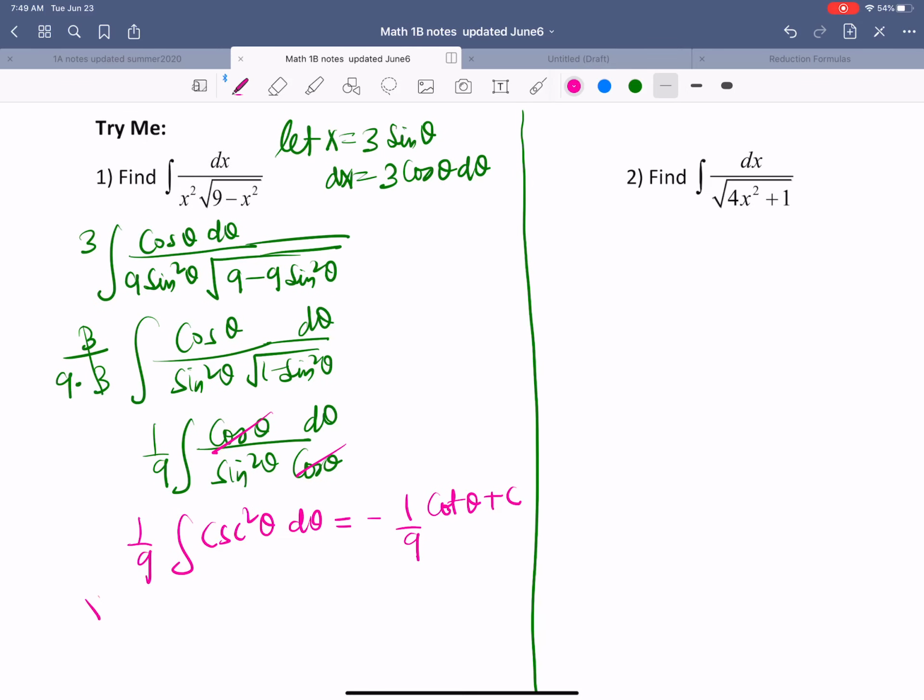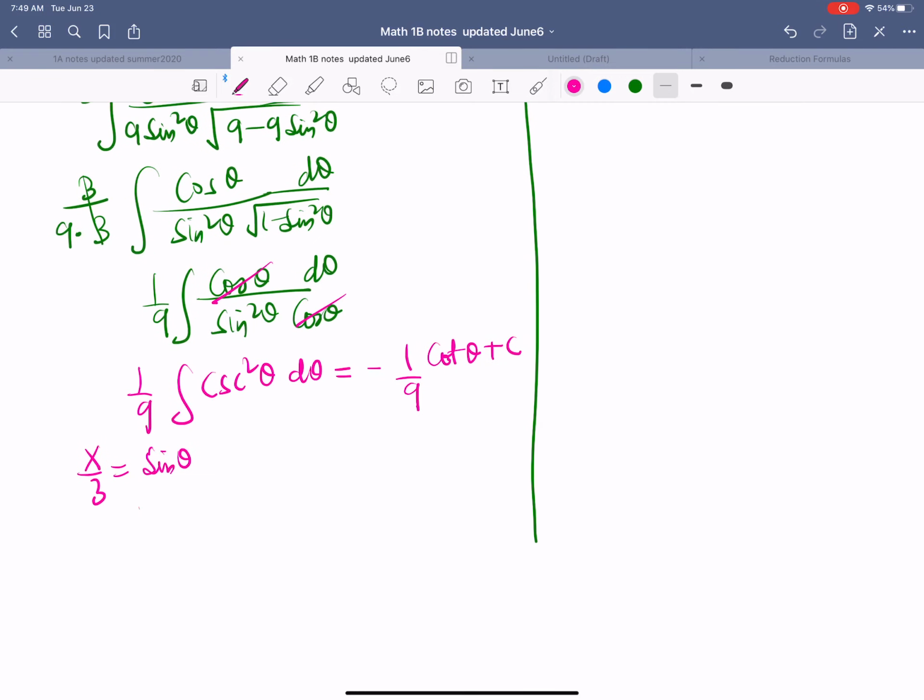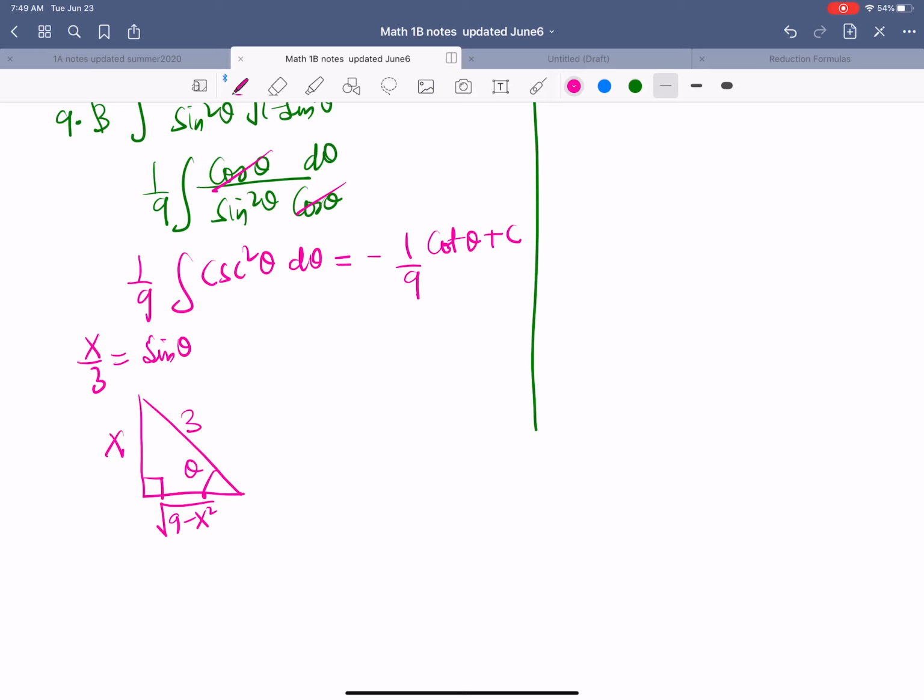So x over 3 is the sine theta. So I'm going to draw my triangle. This is my theta. Sine theta is opposite over hypotenuse. This side would be square root of 9 minus x squared. Okay, opposite over hypotenuse, right?